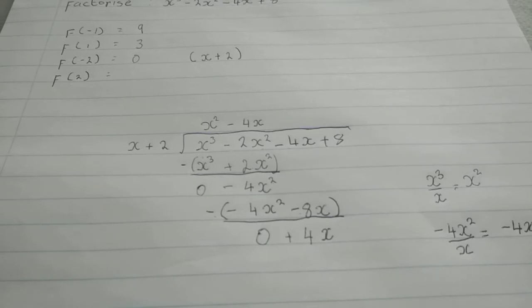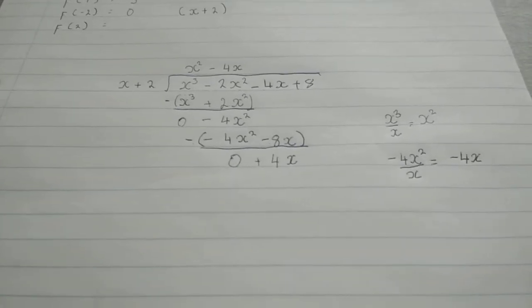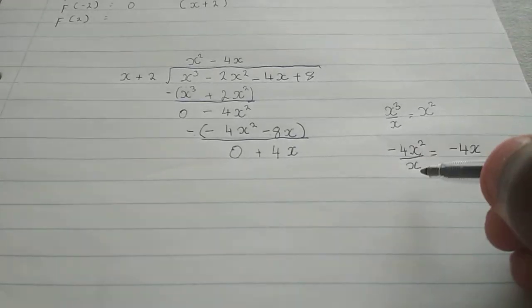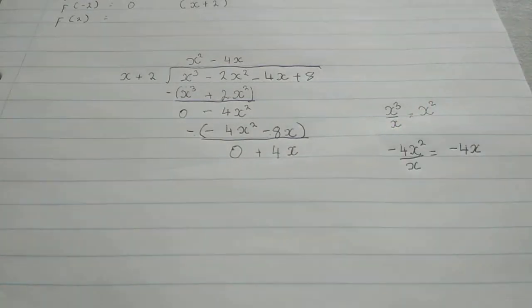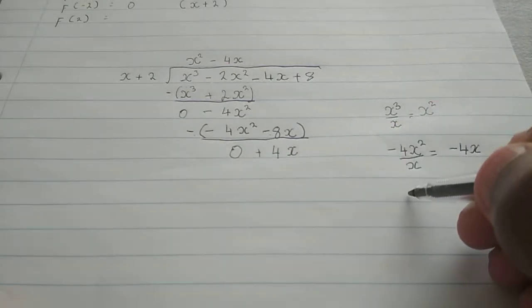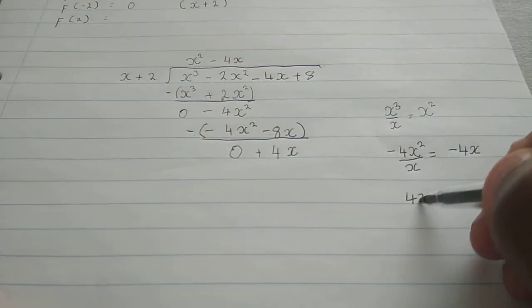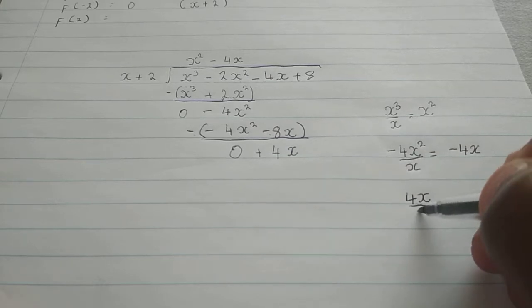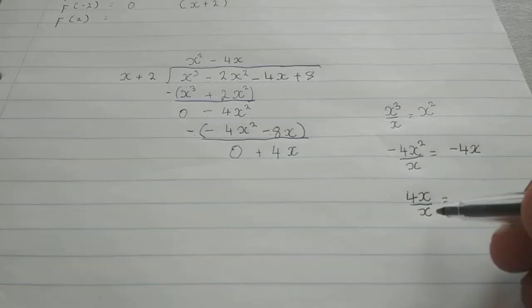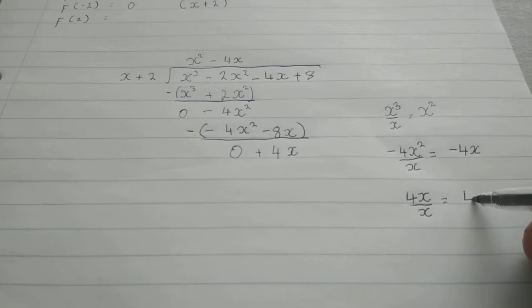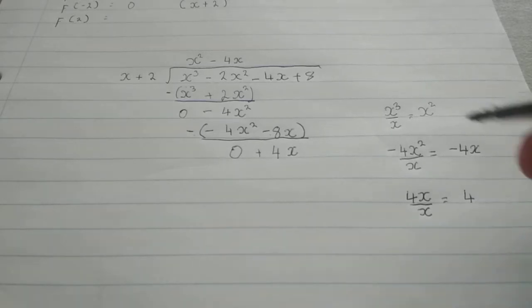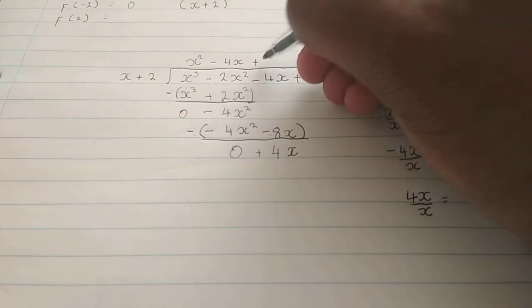Now, the next part is take that 4x there, put it on the side, divide it by an x, and then you will be left with a 4. Take that 4, put it on top there.